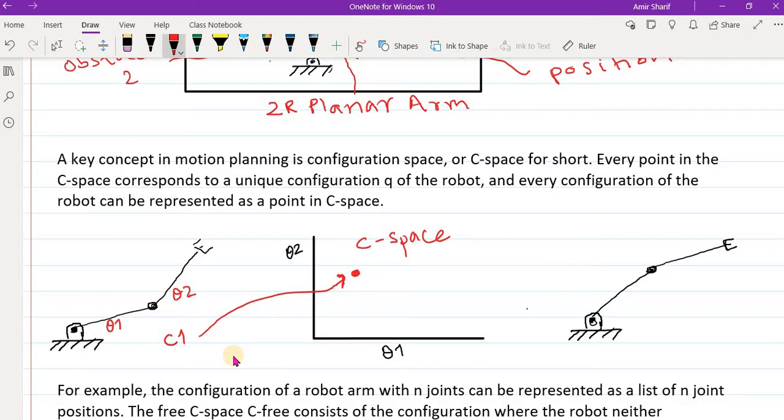For this configuration there is a single point in your C space which represents C1.